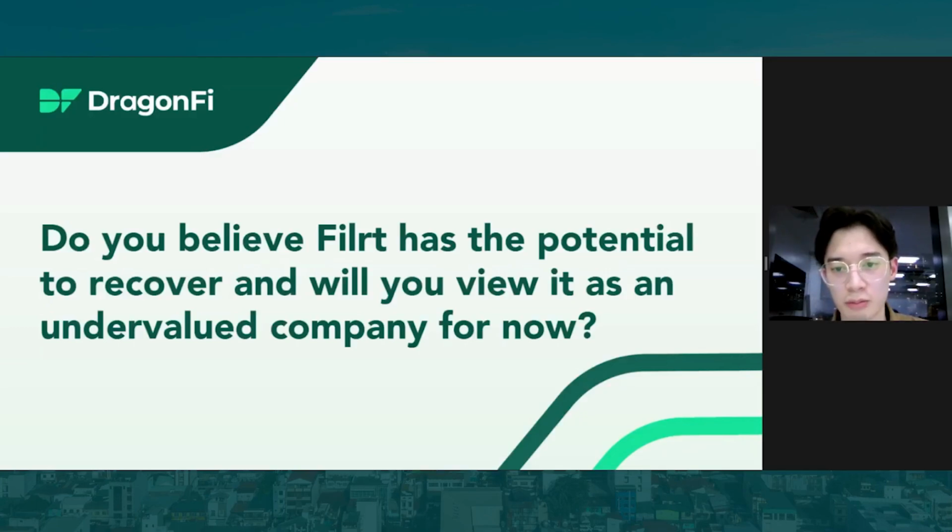So they do have a big reach in Metro Manila, and that helps them have that competitive advantage over any other REIT.